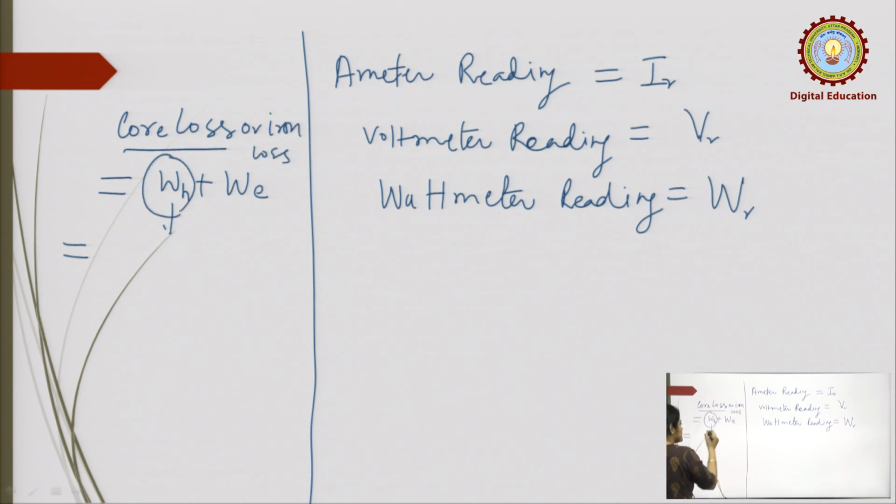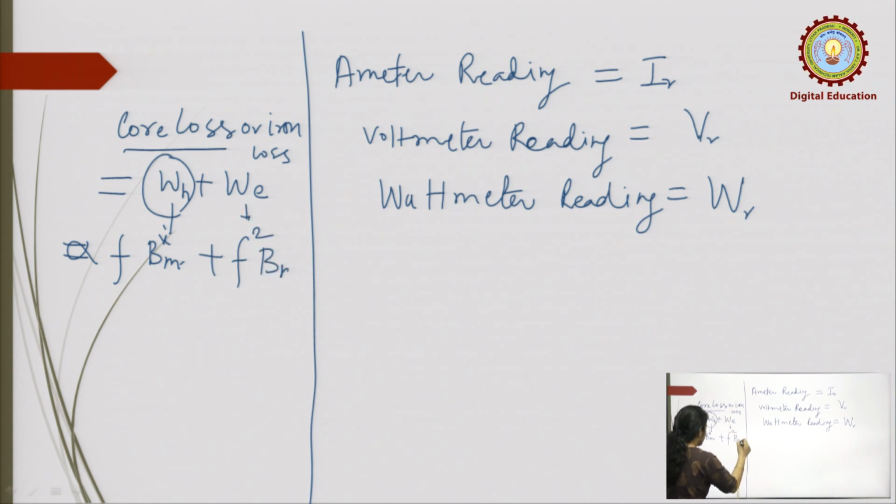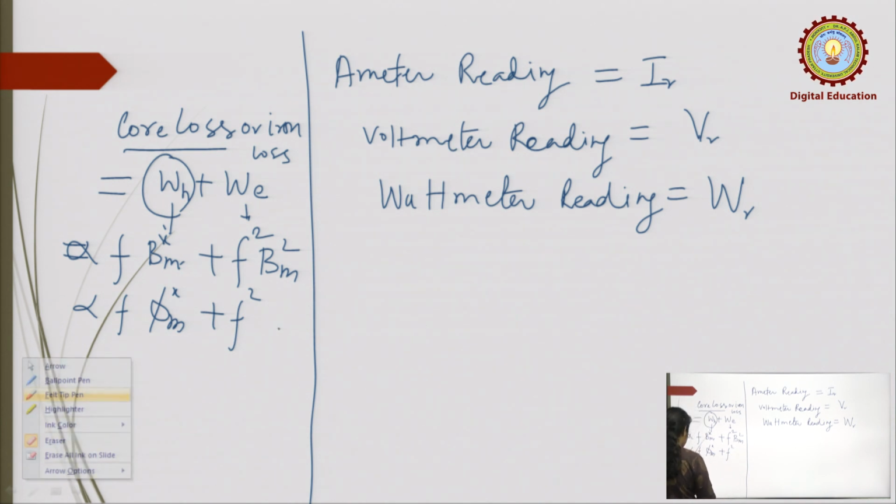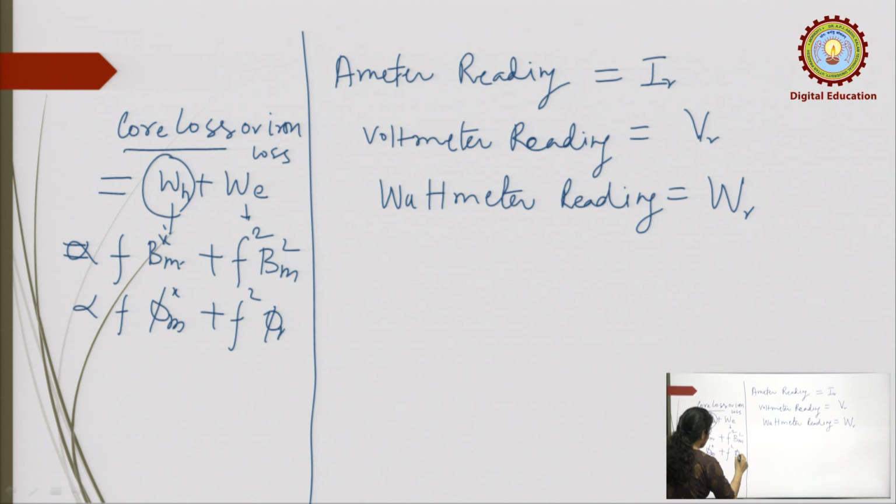The hysteresis loss is proportional to the frequency and the flux density, plus the eddy current loss also depends upon the frequency squared and the flux density squared, and this flux density is proportional to your flux, because phi is equal to B A. Okay.